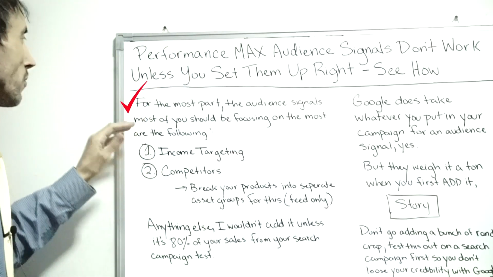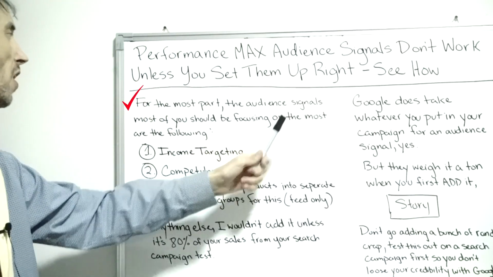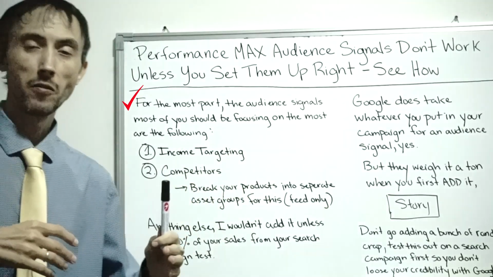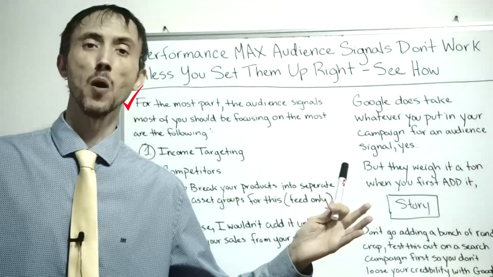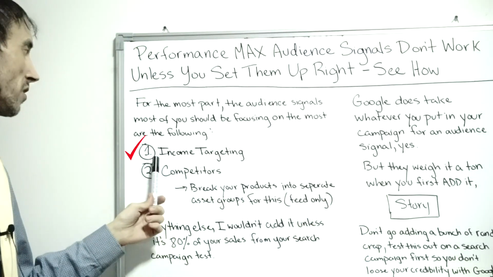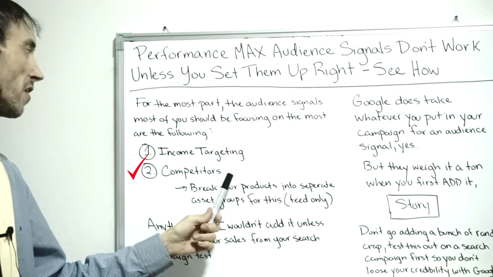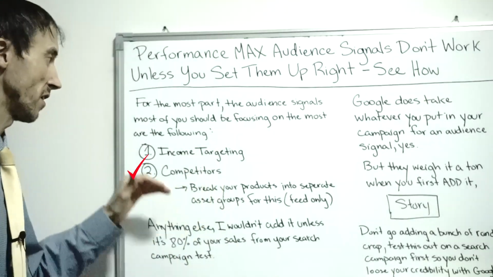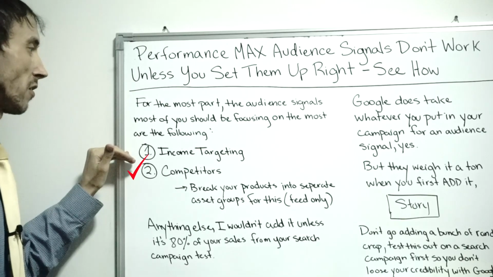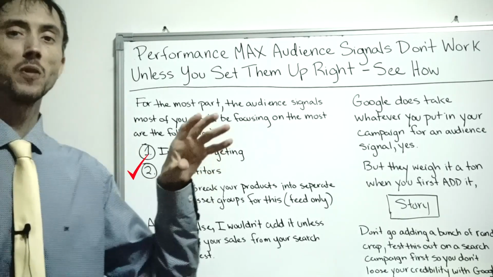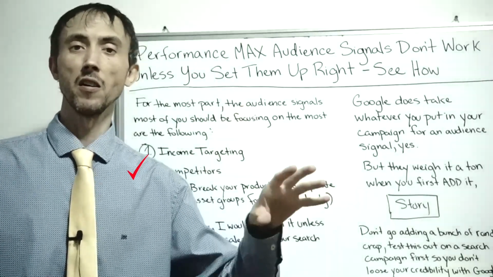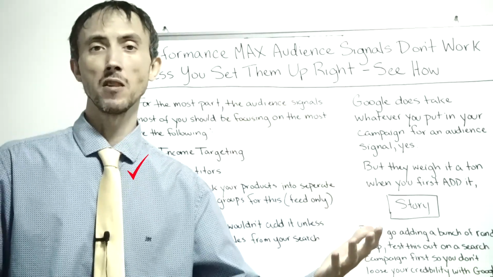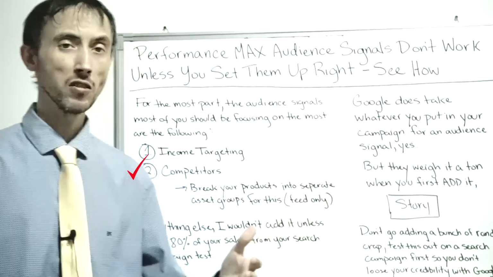So with that said, the audience signals most of you should be focusing on the most, the ones that work universally for most people, are income targeting and then competitor targeting. Income targeting, because people that are not in the top 20% of income demographic don't have a lot of disposable income, so it's much harder to sell to them.